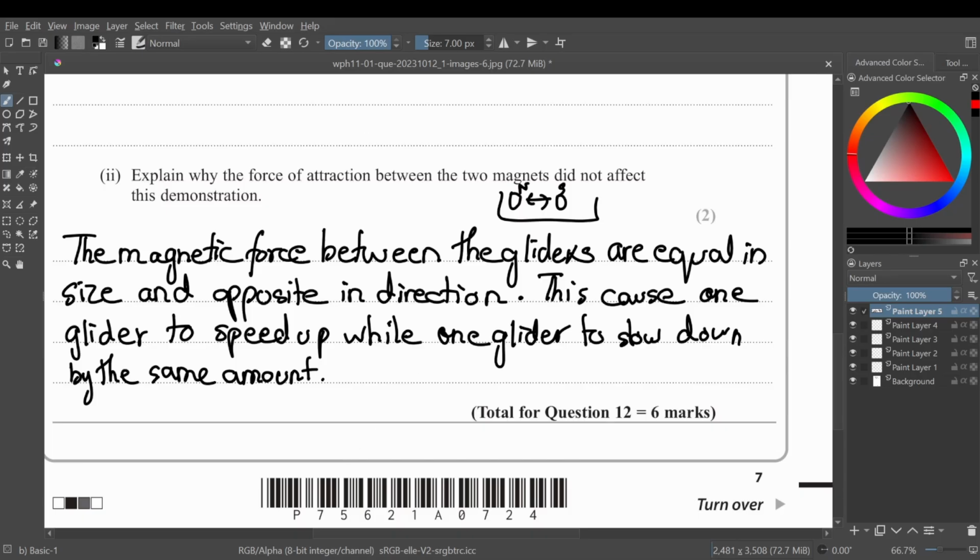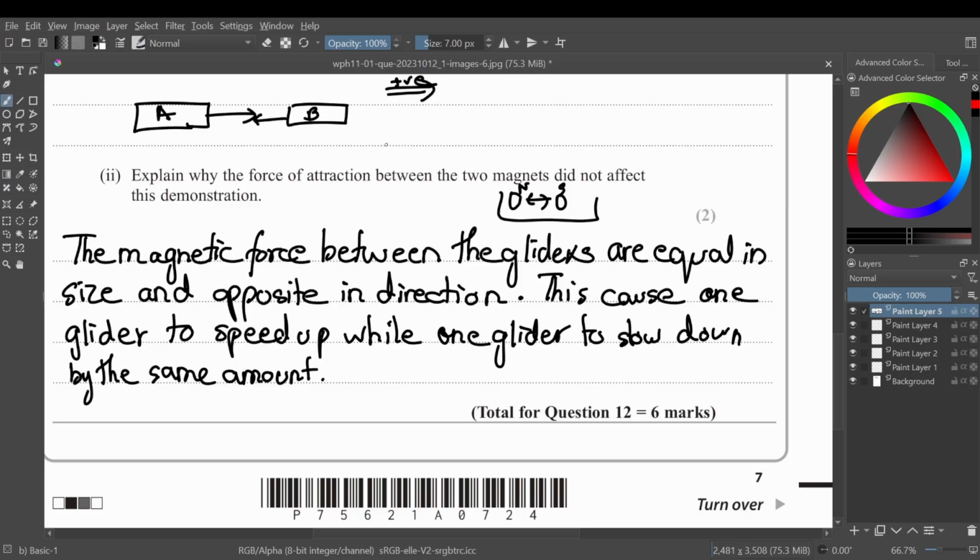Let me explain. Basically, for glider A, for example, this is your positive direction of motion, right? So glider A is going here because glider B's magnet is pulling glider A here, and glider B is going here because glider A's magnet is pulling it towards the left side.